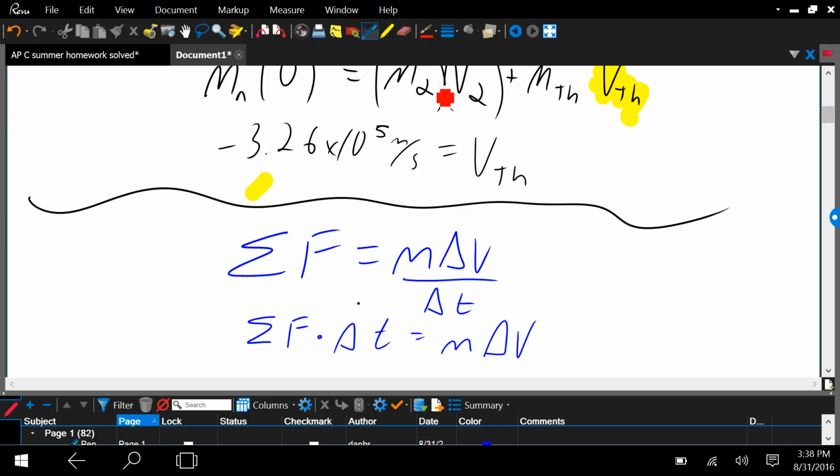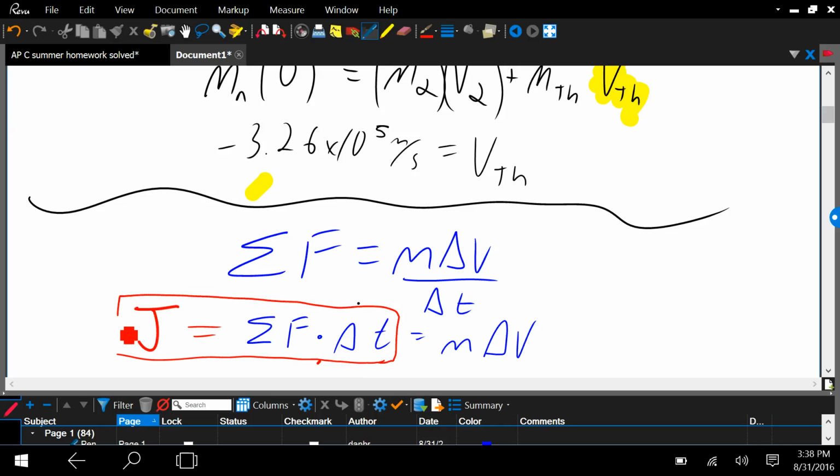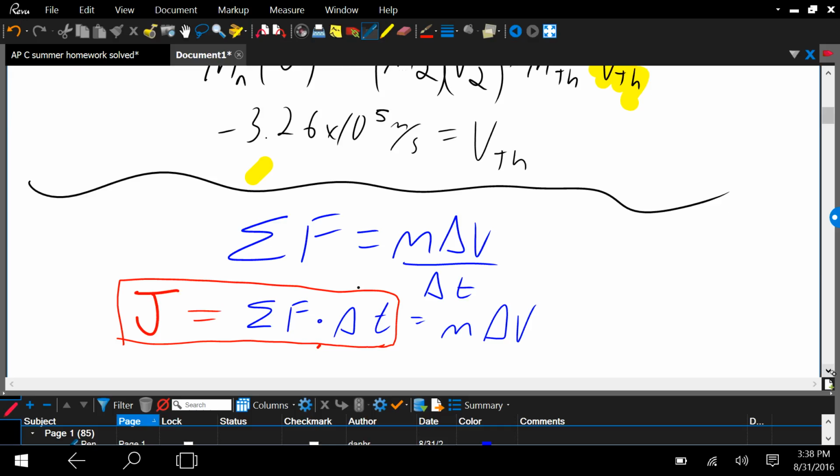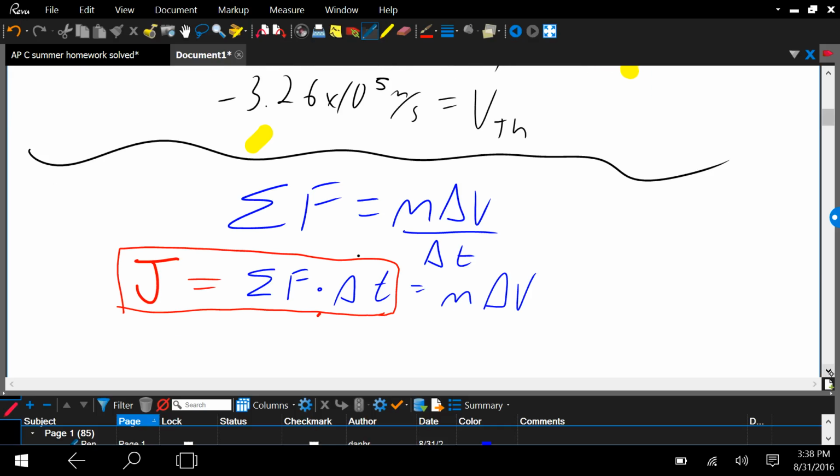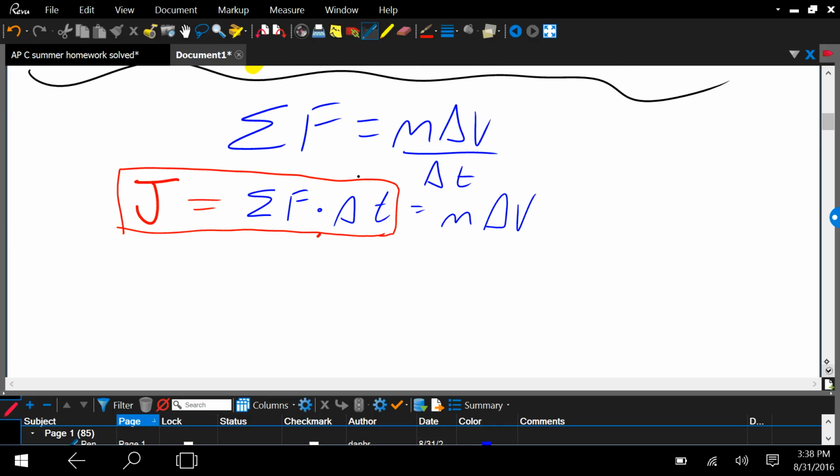It's given the symbol J, a capital J typically, and so impulse is that average net external force multiplied times the time. We'll be using a calculus version of that later in the year, but not today. And on the right-hand side, we have m times change in v, which is usually said out loud as the change in the momentum.